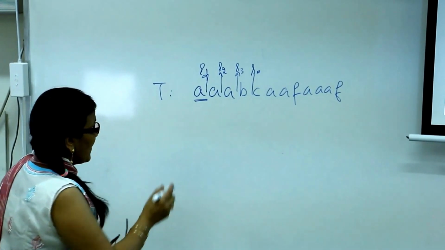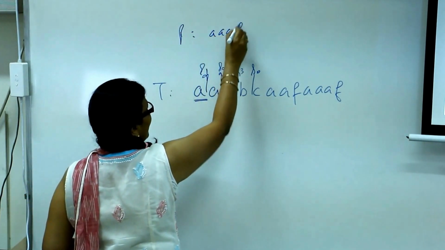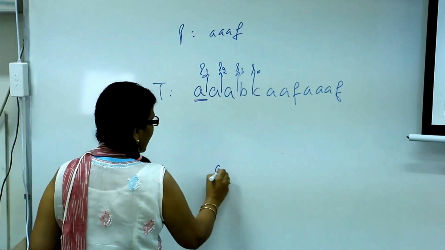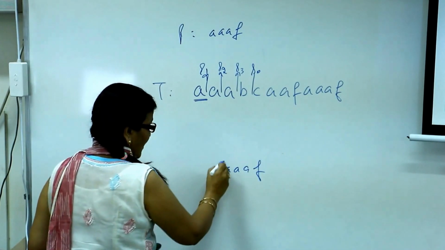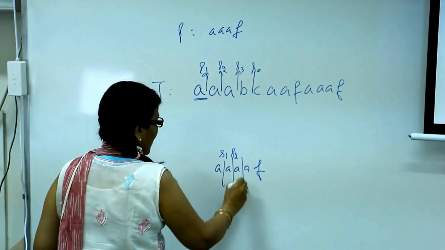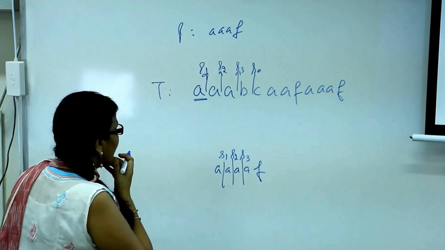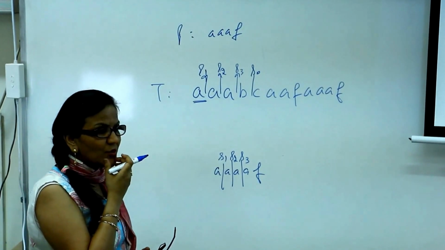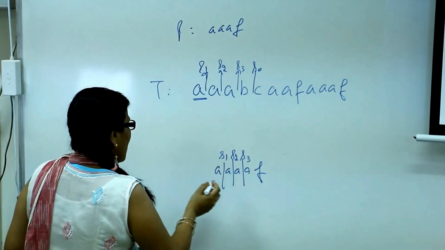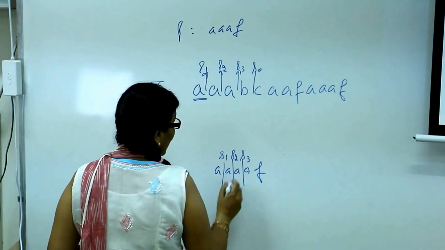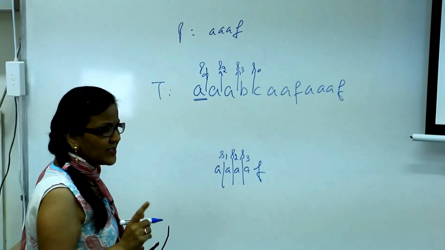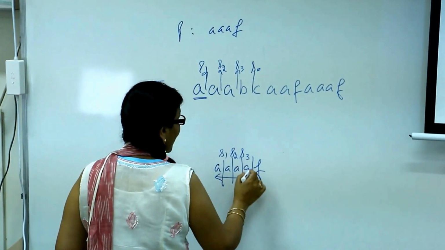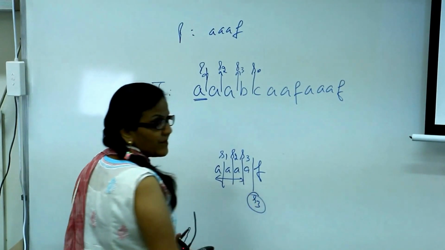But that would mean that my pattern is exactly 3 A's followed by F. So suppose I have seen 4 A's followed by F, that means I have seen 3 A's followed by F. So after having seen 3 A's, actually here we should go to S3, right?